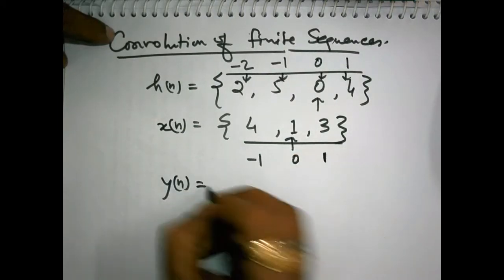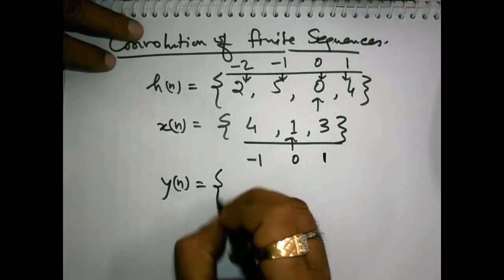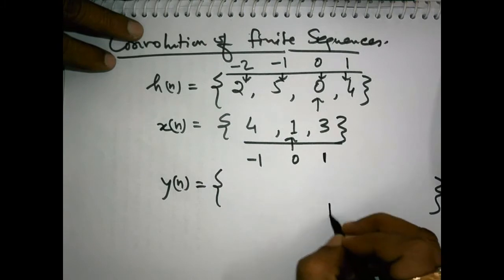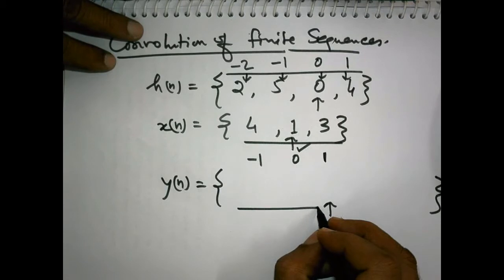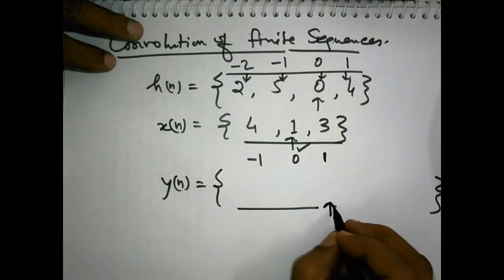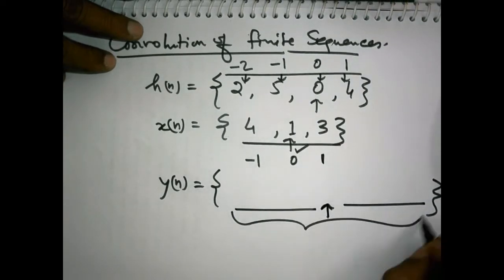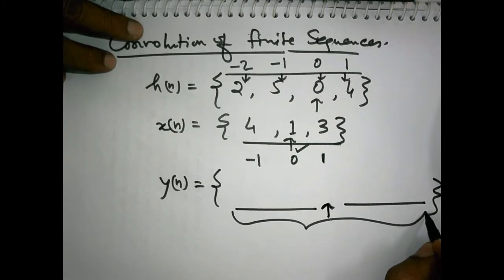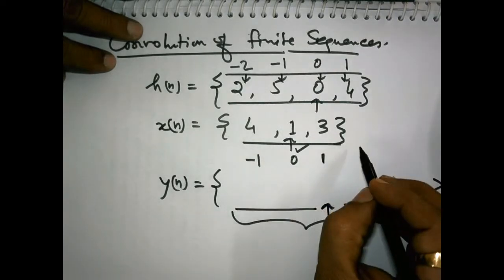Naturally, you will obtain some yn because of the convolution of these two signals. What will be the nature of that yn? Where will be the starting index of yn? What are the number of samples before the starting index of yn, and after it? There should be some rule. And what are the total number of samples in yn, and are they related with the number of samples in hn and xn?